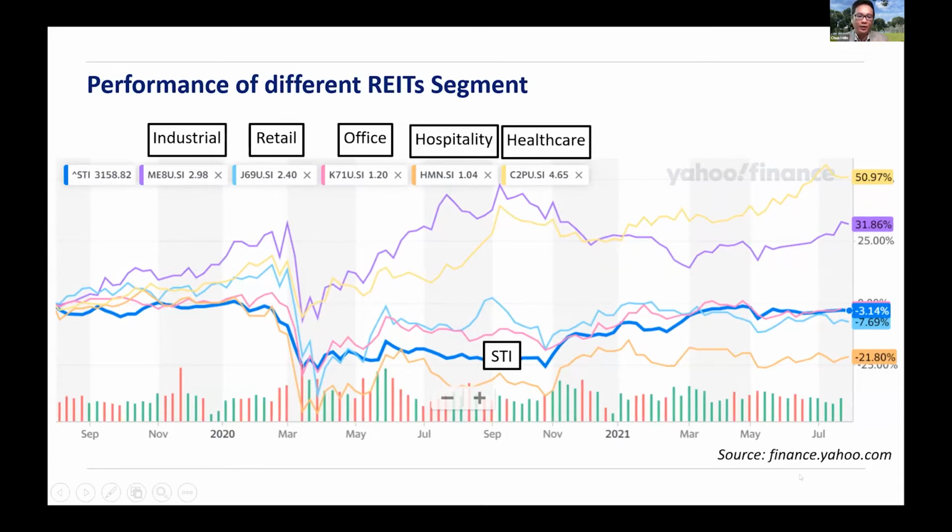At the end of the day, no doubt about it, hotels still have to depend on tourists and travelers, and yes, that segment is still not recovering at all. So now we want to focus on these two, the light blue and the pink, retail and office, which are down here.